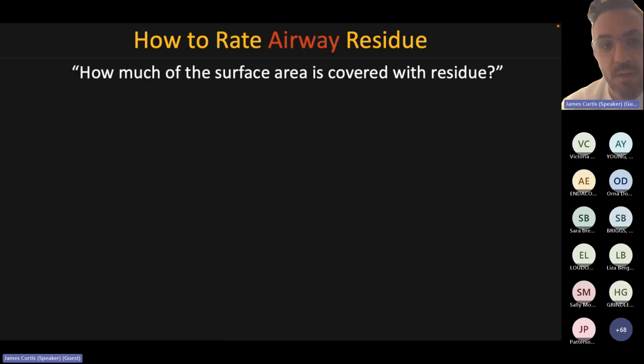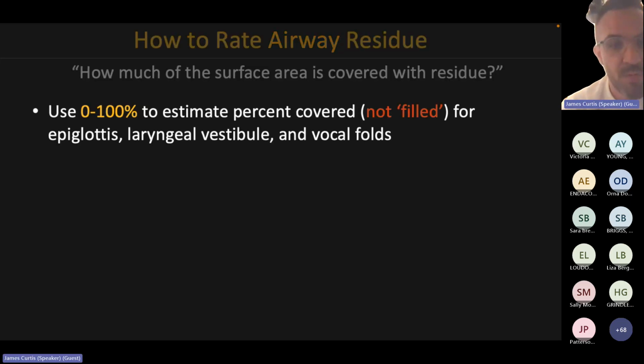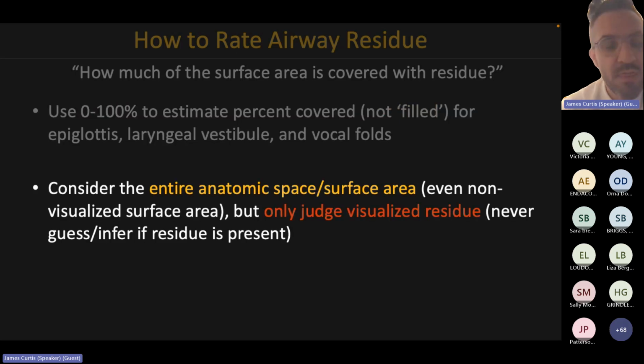But that is different when we compare it to the airway structures. So airway structures, we are talking about how covered it is because there isn't a pocket for it to fill up. So we ask ourselves how much of the surface area is covered with residue, and we use a number that typically goes from 0 to 100%. So we want to think about, when we're doing these ratings, the entire anatomic space or surface area, even if you don't visualize it.